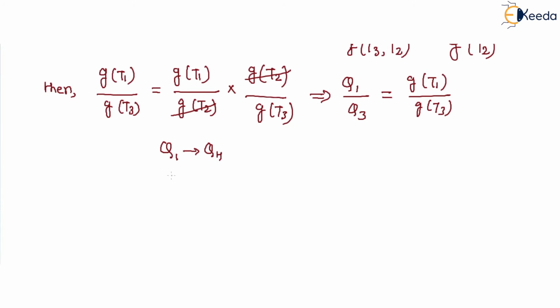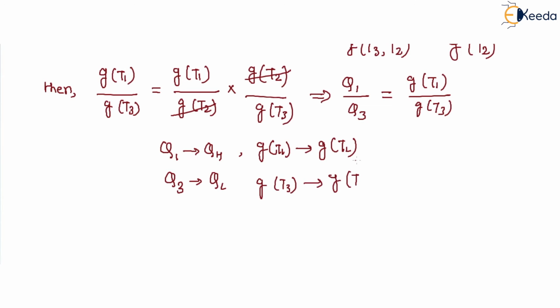So Q1 is what? QH. Q3 is what? QL. So g(T1) is what? g(TH). g(T3) is what? g(TL).